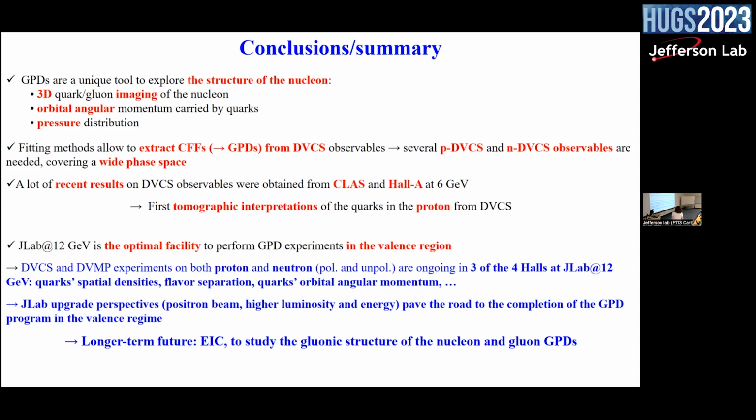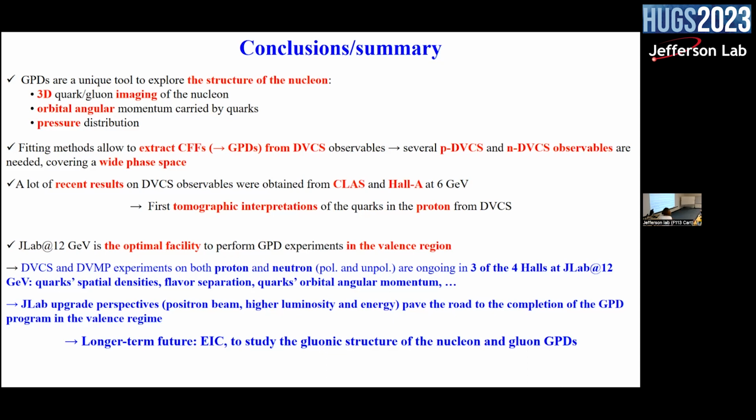But what I wanted to convey, I hope you understood, is that generalized parton distributions are a unique way to understand the structure of the nucleon. They allow us to do this three-dimensional imaging of the nucleon, correlating the transverse position and the longitudinal momentum of the partons. They can give us information on the orbital angular momentum carried by the quarks and its contribution to the total spin of the nucleon, and also information about the pressure distribution in the nucleon.